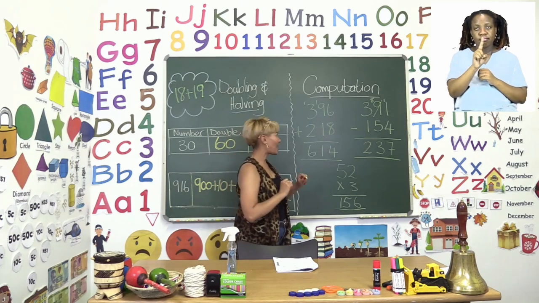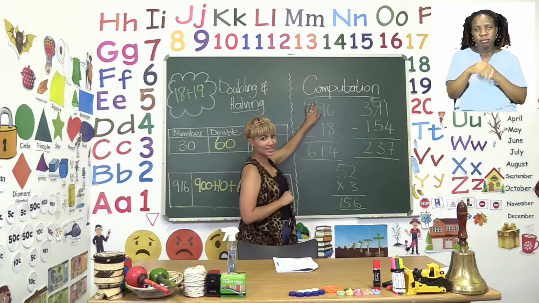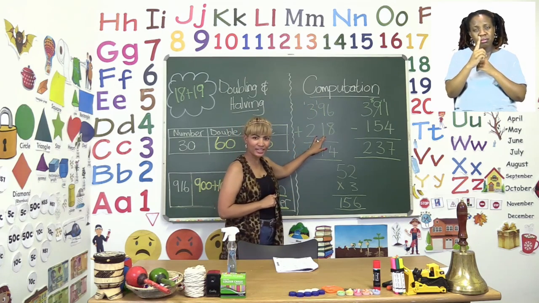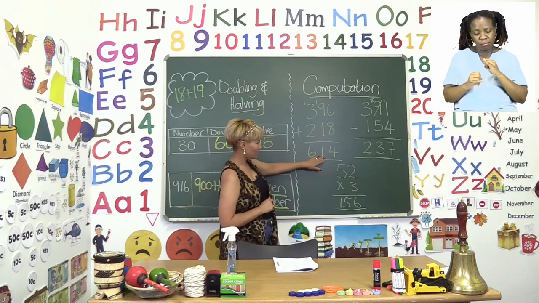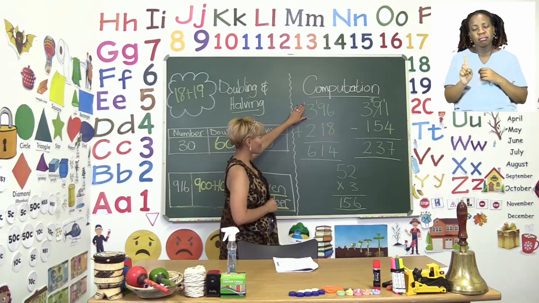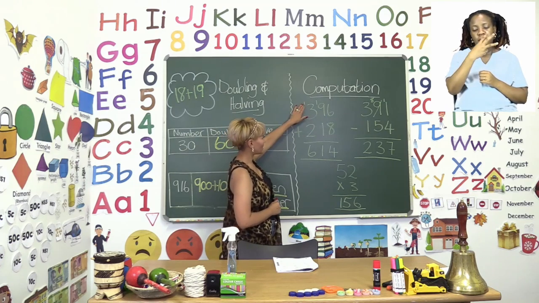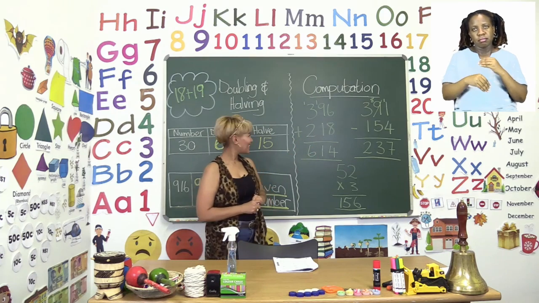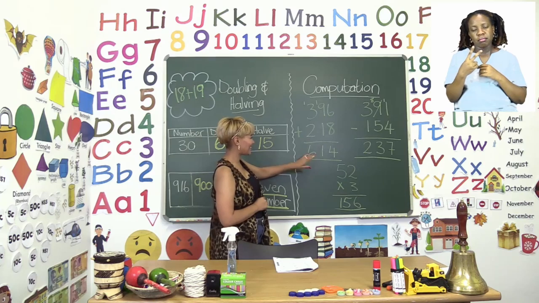So now let's add up all the tens. We say 9 plus 1 is 10 plus another 1 is 11. So now we write the 1 which represents our tens, and then we carry the other one over here. So now we say 3 plus 1 is 4 plus 2 gives us 6.